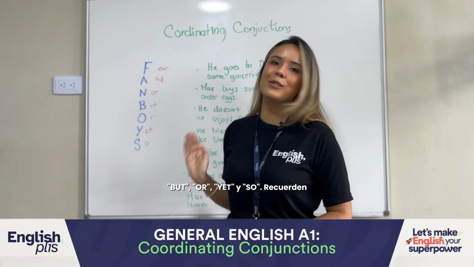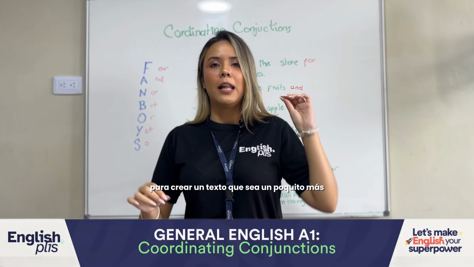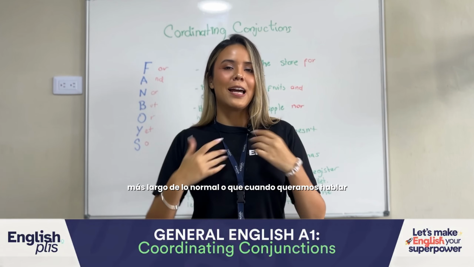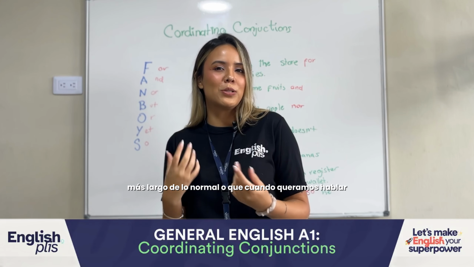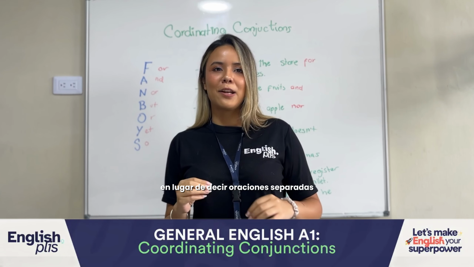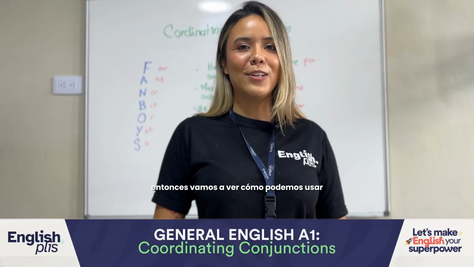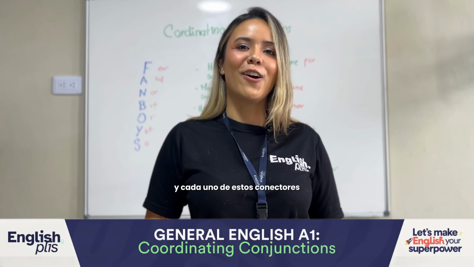Remember, I also told you that we use these connectors to make long paragraphs, to create a text that is a little bit longer than usual, or that when we want to speak, we can connect our ideas more fluently instead of saying separated sentences.